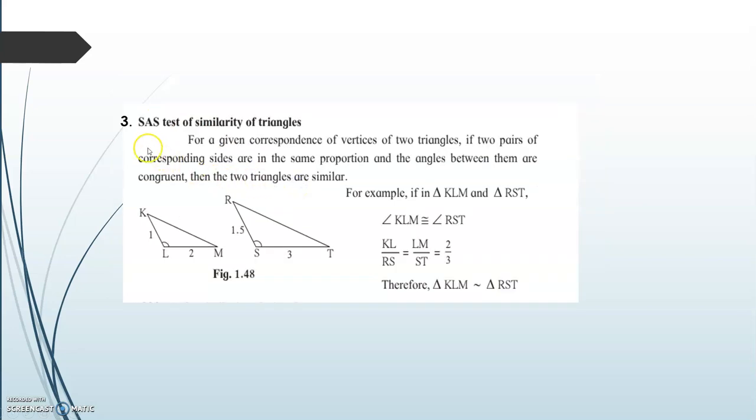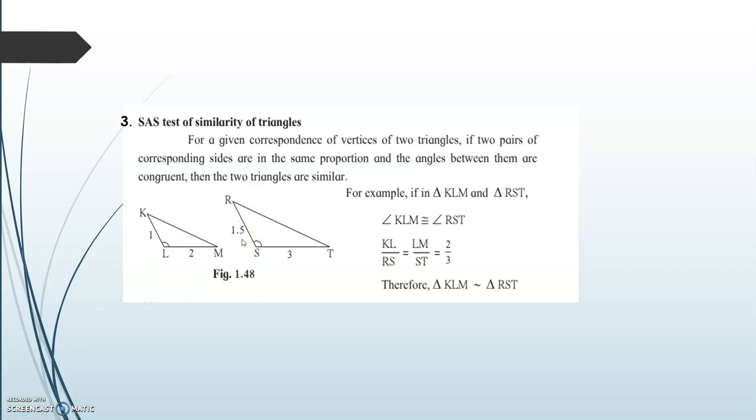The third test, which is the last test, is side angle side. SAS means side angle side. So here we will have two sides proportional and the included angle congruent. Here KL upon RS will be 1 upon 1.5.